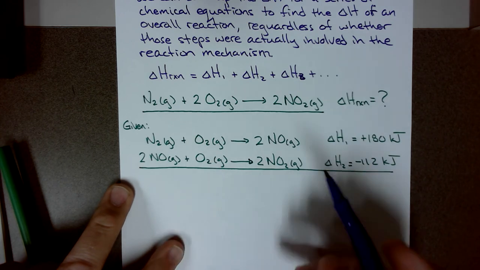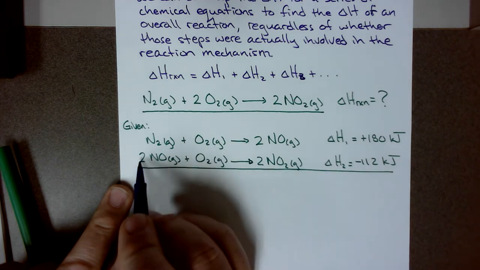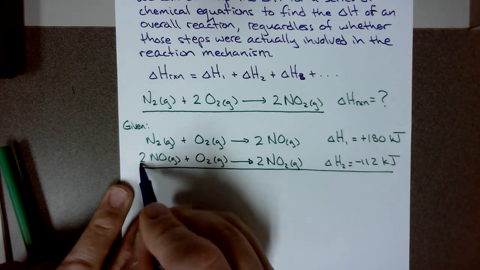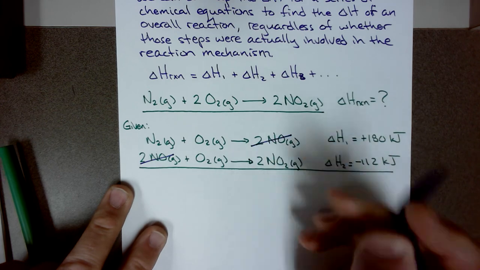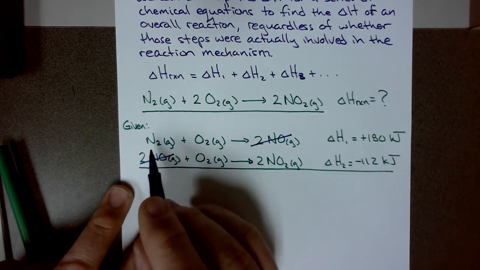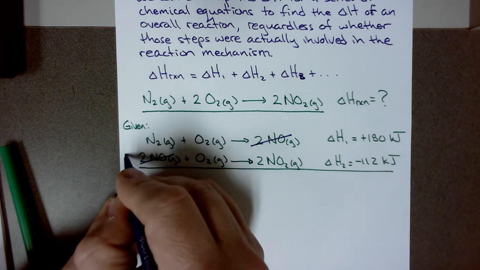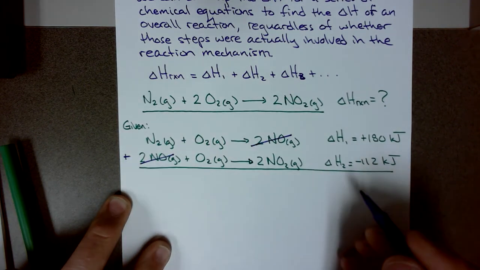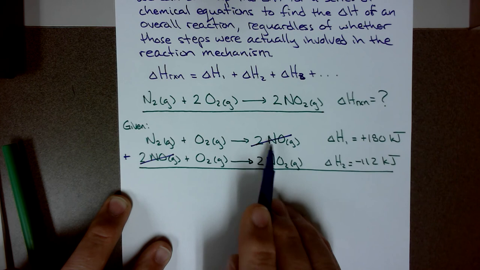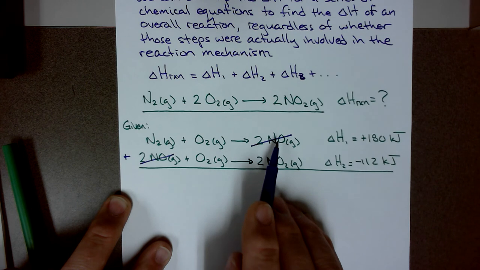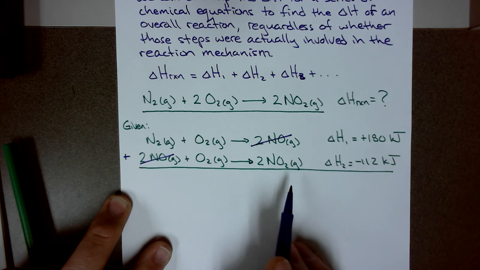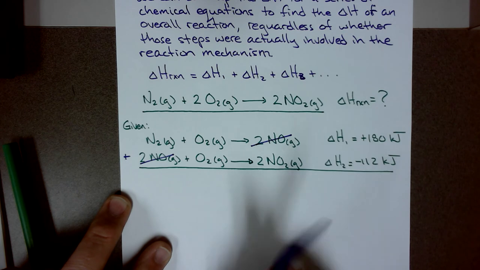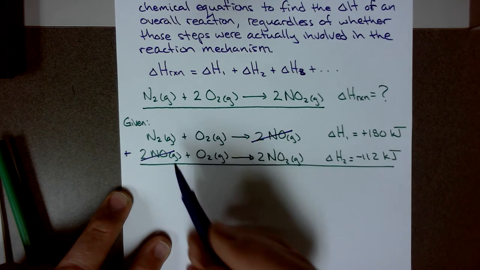So if you look at this, I notice that 2 moles of nitrogen monoxide gas is a reactant. We also have 2 moles of nitrogen monoxide gas as a product. So those are gone, they cancel each other. It's just like if you have 2 on each side of an equation, you can cancel it, or if you have an x on each side of the equation, you can cancel it. And then we add them up.